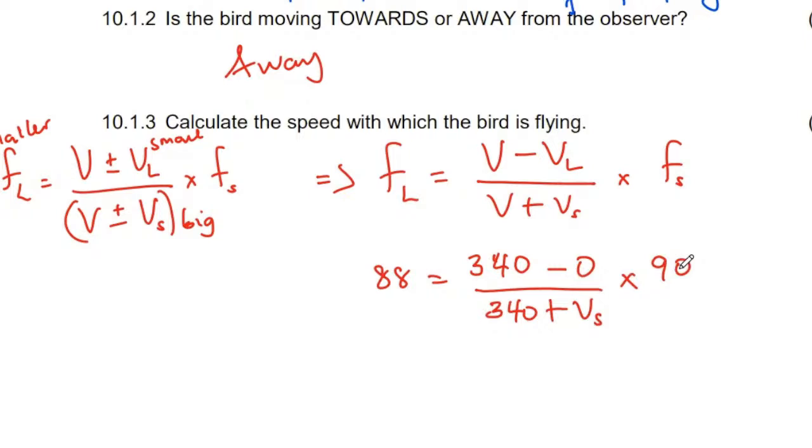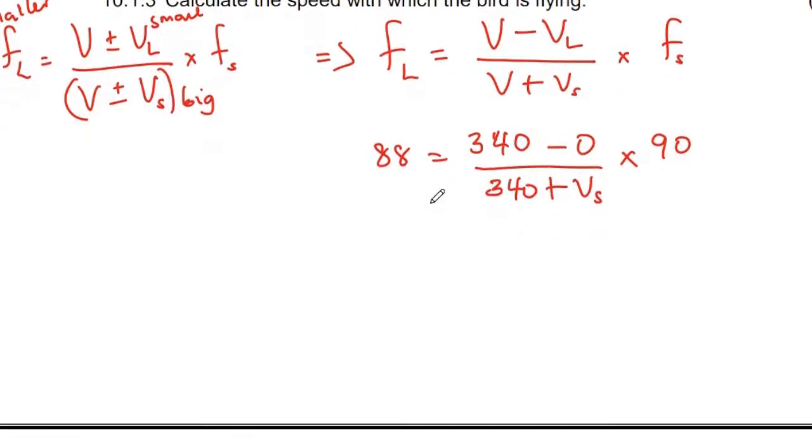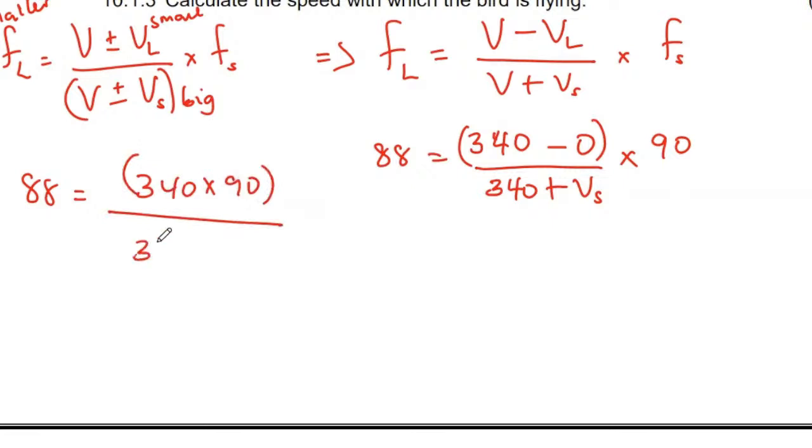Then I'm just going to go down. How do I play around with this so I can do my maths? I know that 88 is equal to 340 multiplied by 90 over 340 plus VS. Then I can do my cross multiplication.